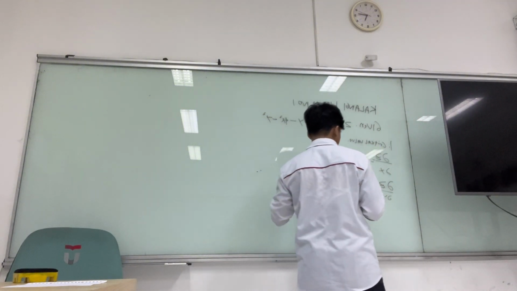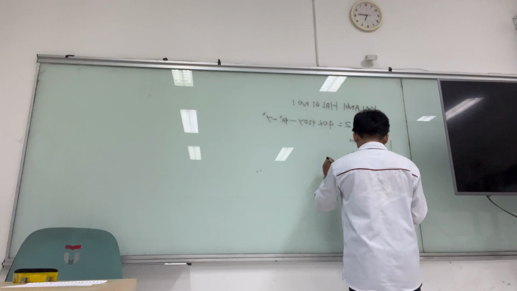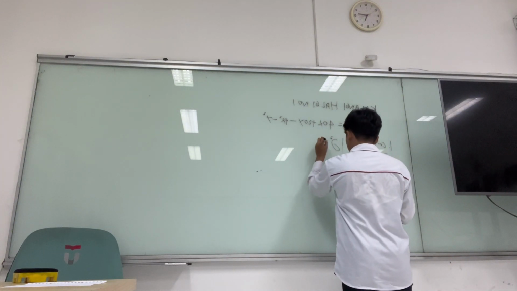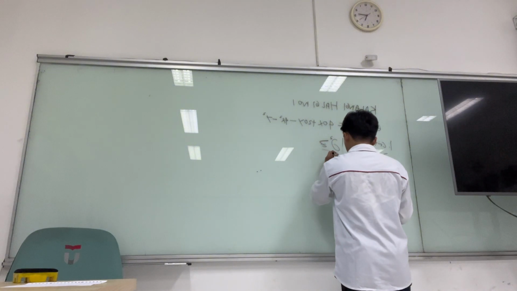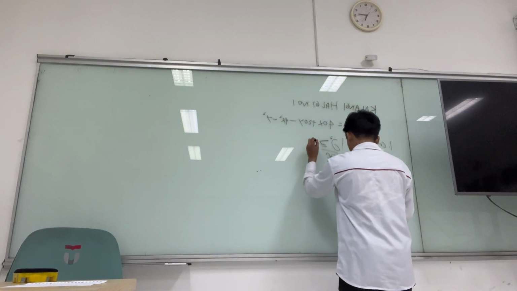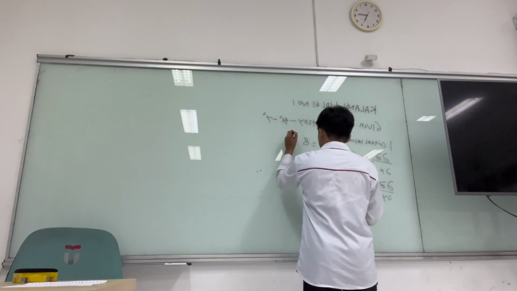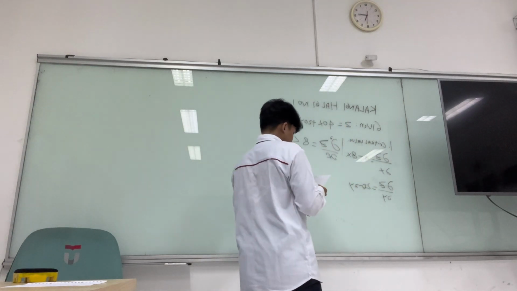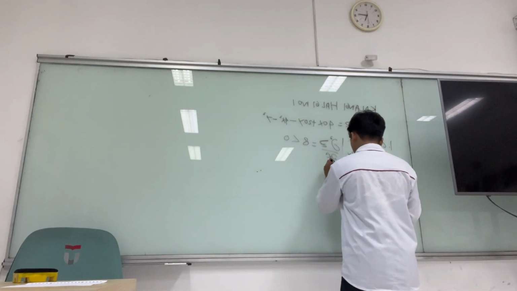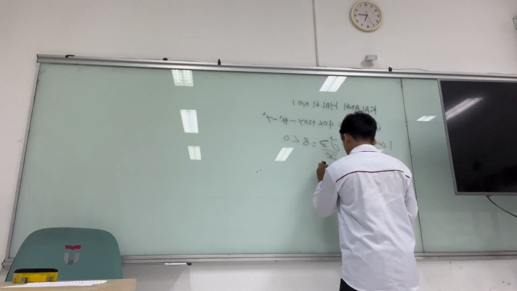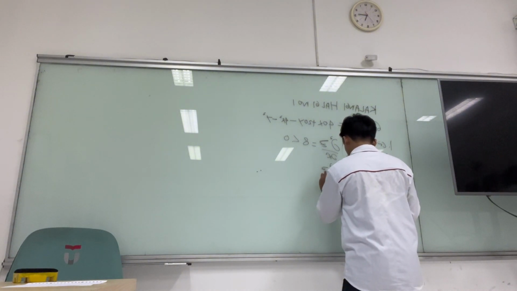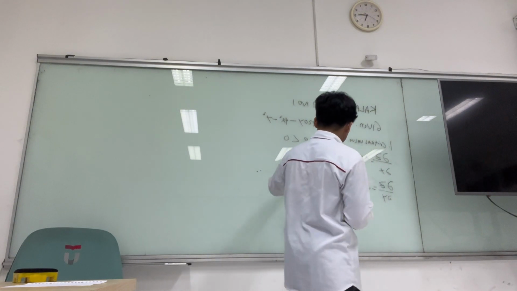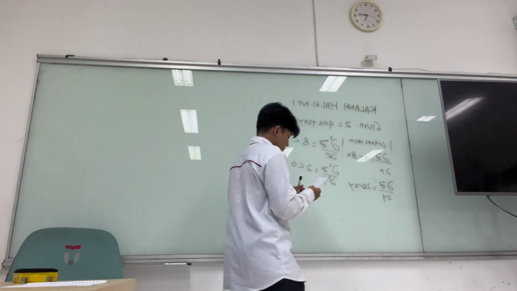So we will find the second step, which is the second derivative. Dou square z per dou x square equals minus 8, which is smaller than 0. Then dou square z per dou y square equals minus 2. So this is the x point, and then this is the y point.